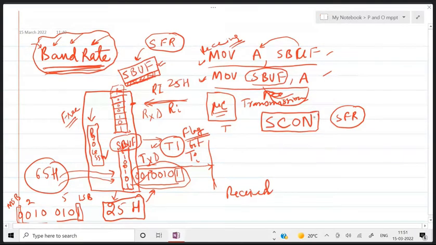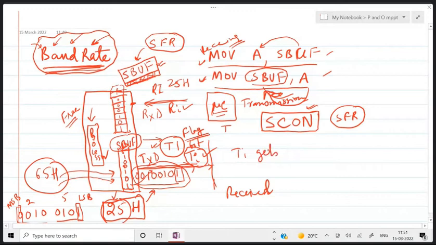Right now, just remember that this TI and RI bits are in SCON SFR. So what happens when this 25H has been successfully transmitted from SBUF to the channel, then SBUF sends a message to the processor that one byte of data has been transmitted by setting this bit TI.